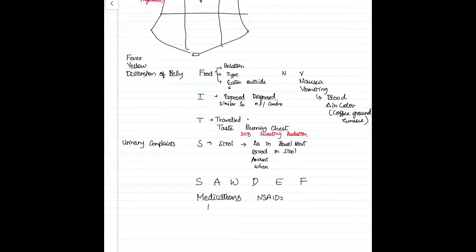And also past medical history is very important. Maybe the patient can tell you rheumatoid arthritis for which he's taking NSAIDs, or he can have history of previous symptoms, or maybe he can say pancreatitis, or he can even say history of gallstones.